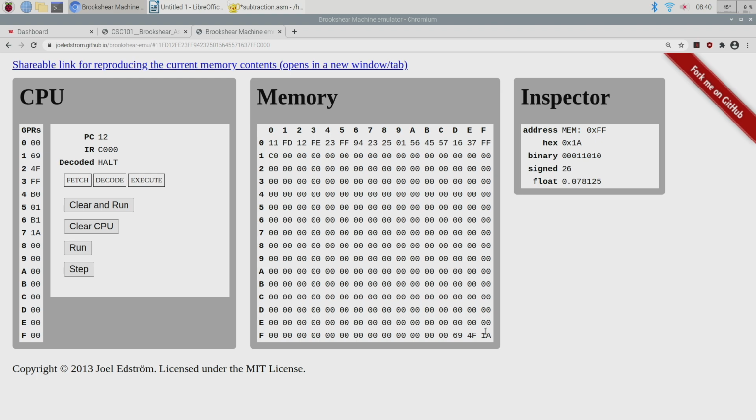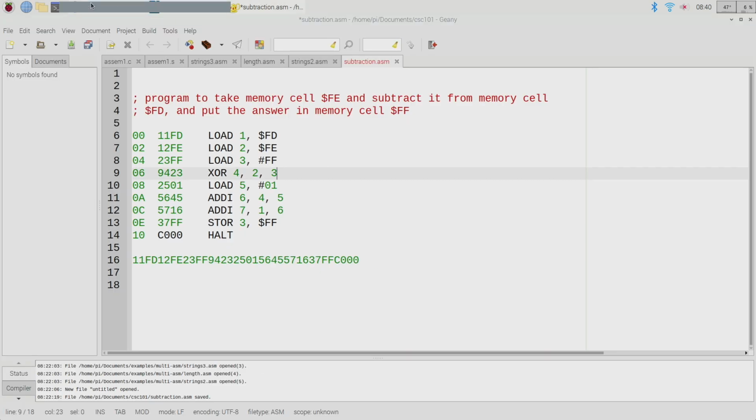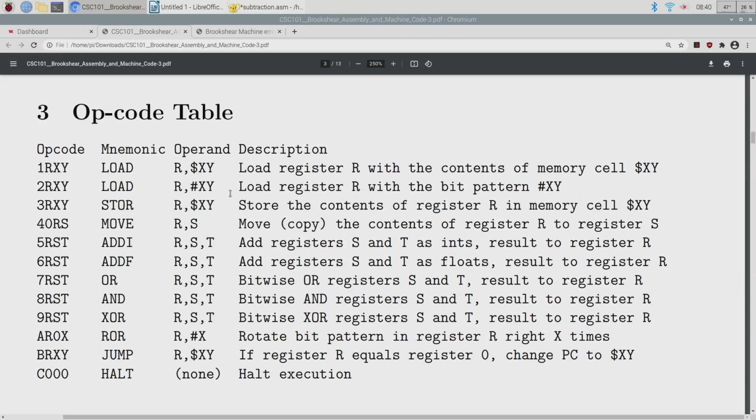Now, let's go back to the notes, because now we get to talk about the fun part. Namely, there's one instruction that we really have not used at all yet, and that's this one.